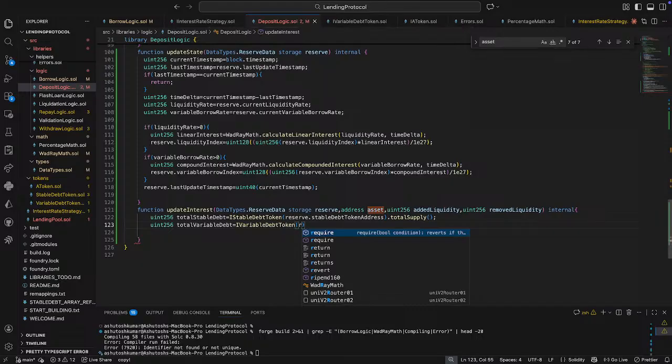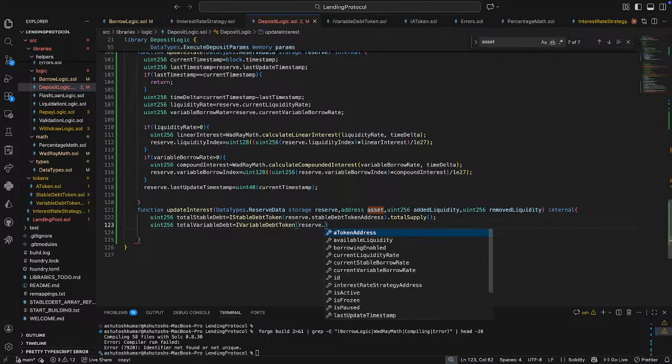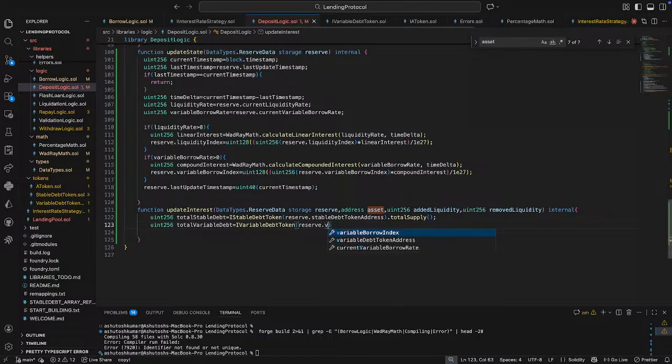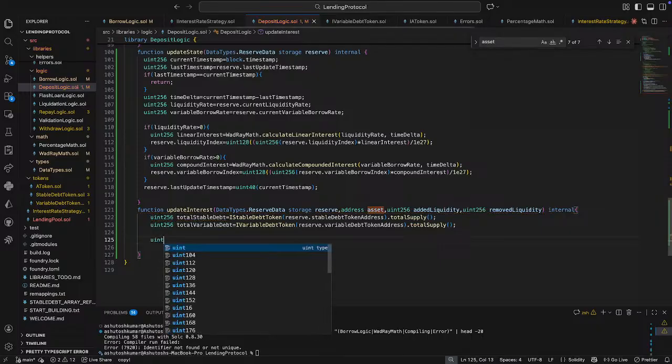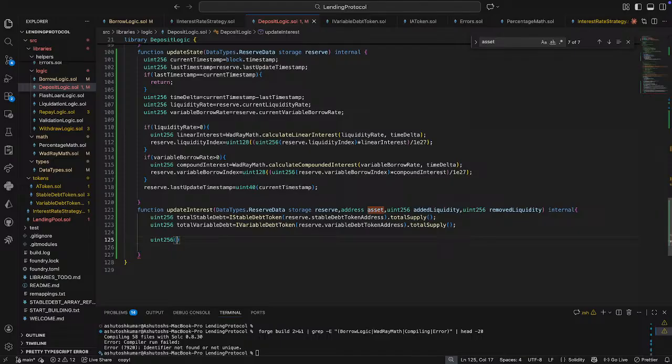Reserve, new uint256 average stable debt.